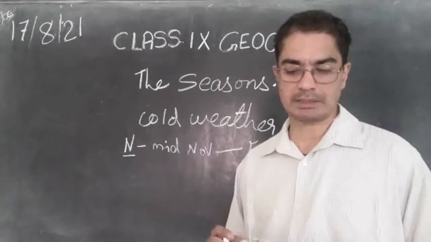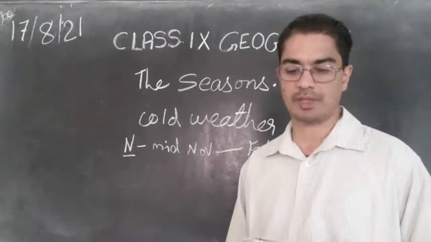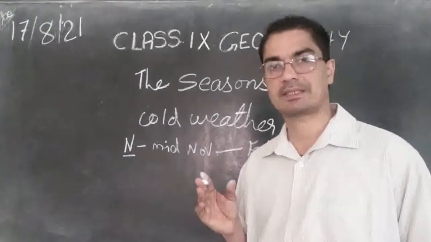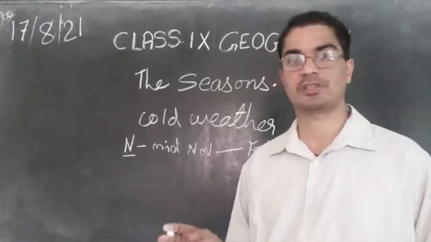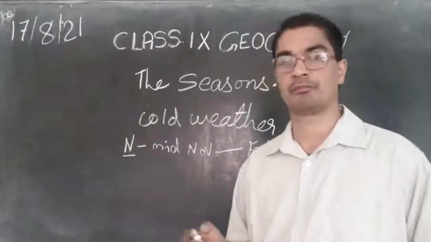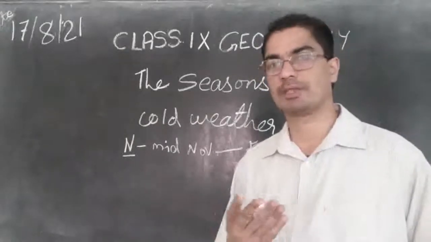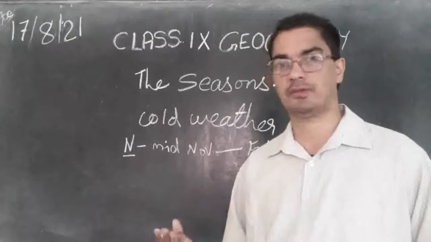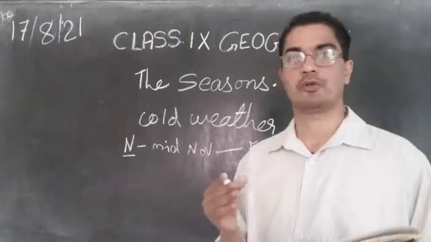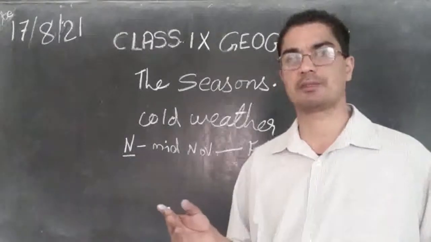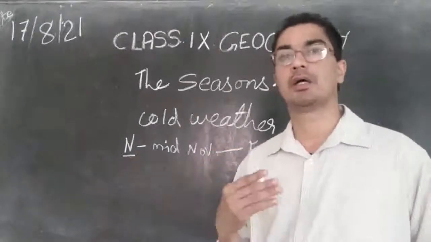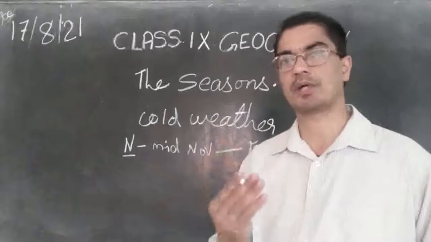And they cause the much needed winter rains over the plains and snowfall in the mountains. So these westerly winds and the cyclonic disturbances flow towards India, and as they are moving from the sea, they bring a lot of relief. They cause a lot of rainfall, the much needed rainfall, because the winter is a very dry season, and people, especially those cultivating rabi crops, cultivate in the winter but they need some water.